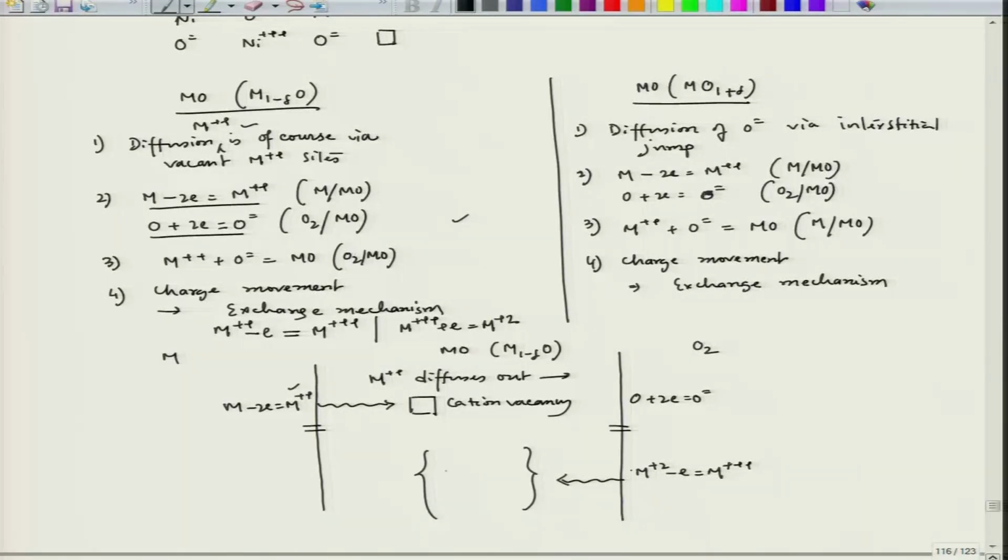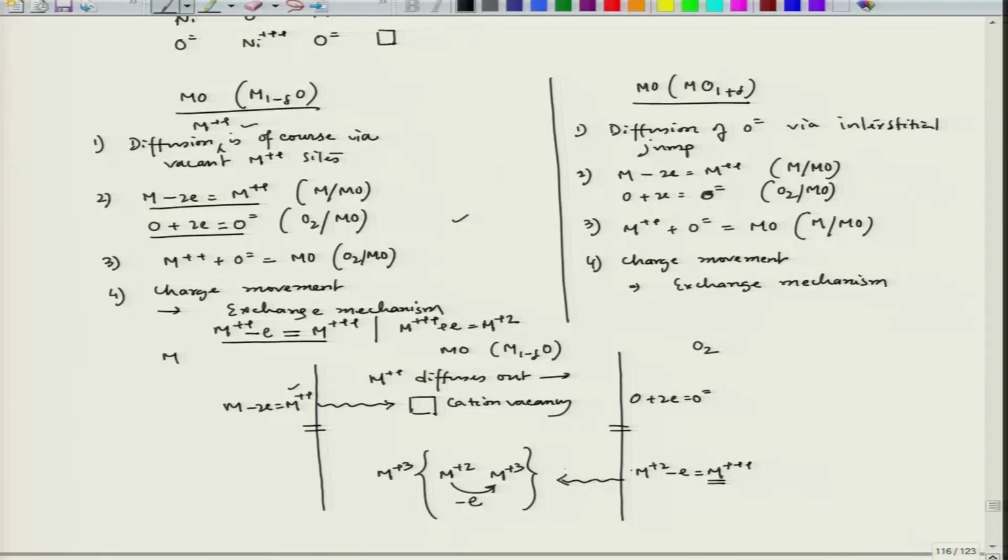This is metal plus 2 and here metal plus 3. So the electron goes to this, and then it becomes like this. So this particular reaction is taking place. Now here M plus 3 is coming up.